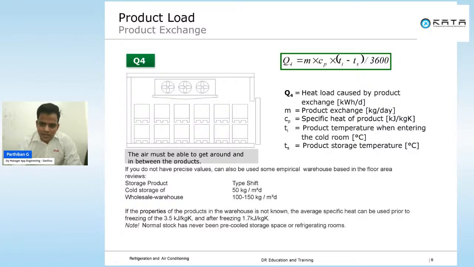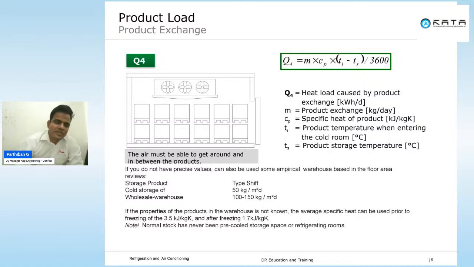Then second, M is the product exchange. Per day, how much new product you are bringing in and how much old product you are taking out. So product exchange is in kg per day. In one day, how much kg you are bringing inside the cold storage. This is M. Then CP is the specific heat of the product. Each and every product will have some specific heat.